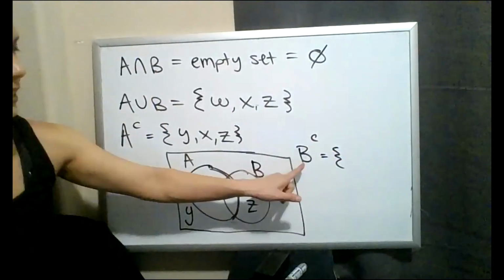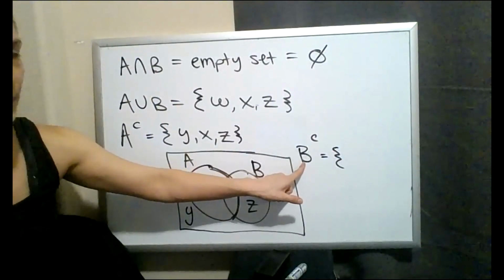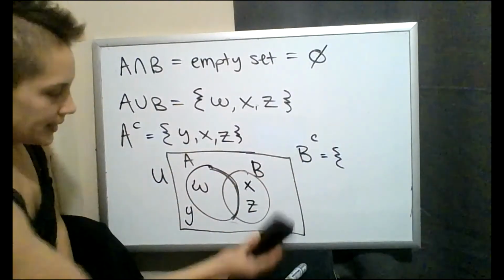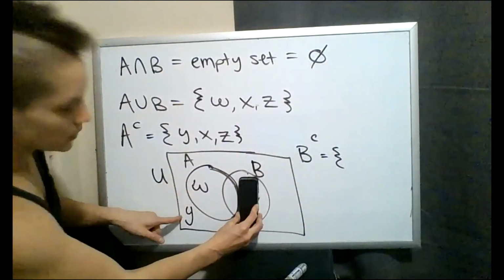So it's outside of the set B. So if you're not in set B, then it's elements W and Y.